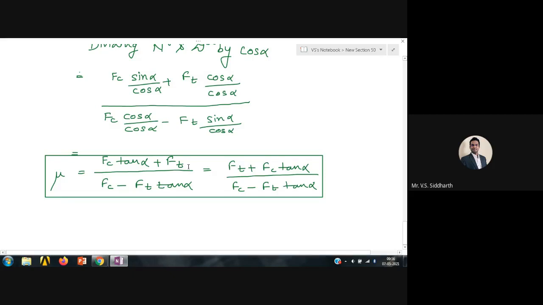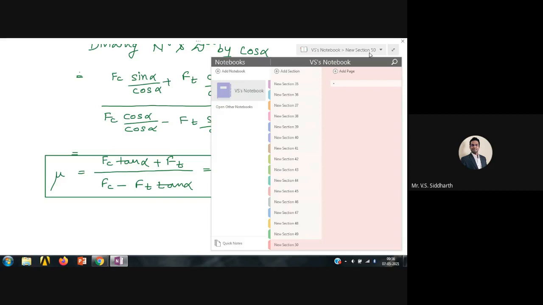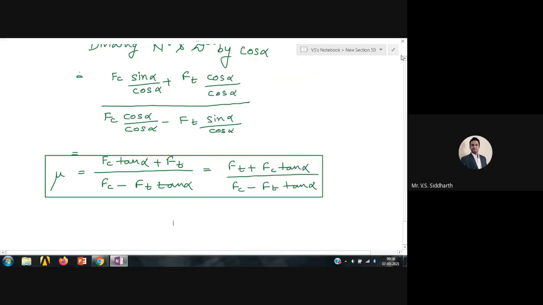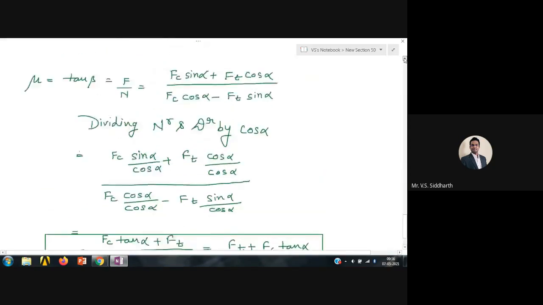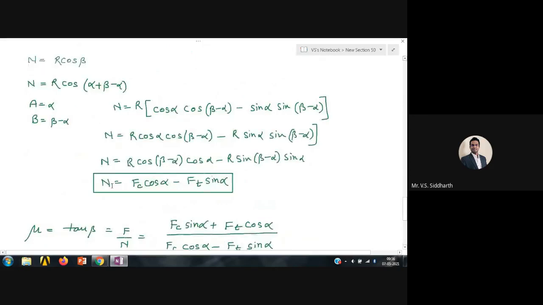So basically, if you are given only two measured forces, the cutting force and the thrust force, and if you are given the shear angle, orthogonal rake angle, and other parameters of the cutting tool, then you can easily find out all the other forces. Here also you can calculate the normal to frictional force if Fc and Ft are given and if orthogonal rake angle is known, right?